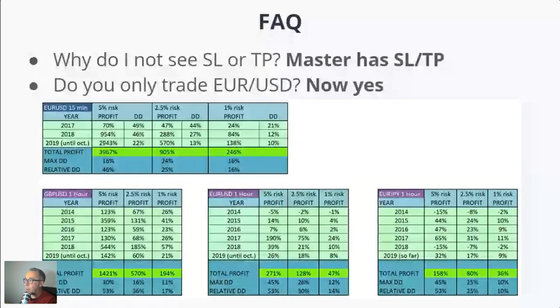One thing to keep in mind, by the way, if you have your own account, I said that the strategy always uses a stop loss and TP. On your account, you will not see it. So you might be puzzled by that and you might close it or be scared of that. Don't be scared. The master account has a stop loss and take profit.